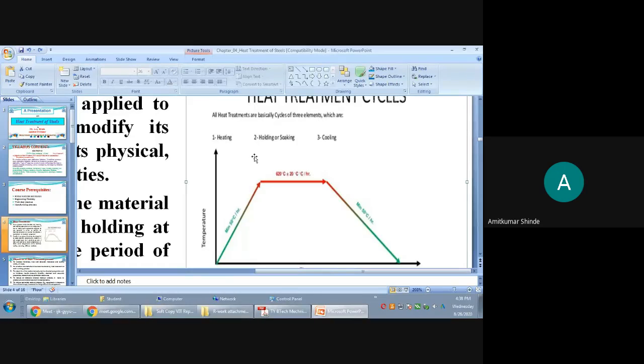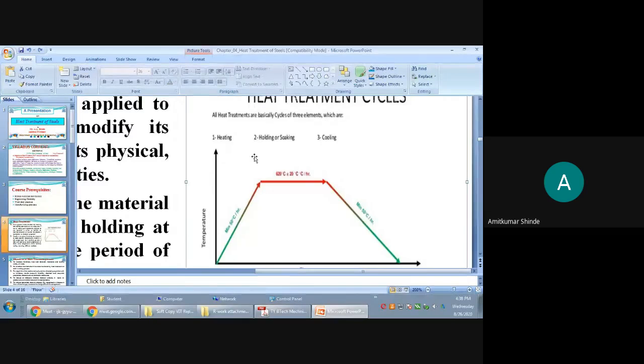Sometimes if uniform heating is not there, then that component may fail, or there may be some cracks, or there may be some distortion. To avoid that, uniform heating should be there, and faster heating should be there. Faster heating should be there to achieve fine grain size.